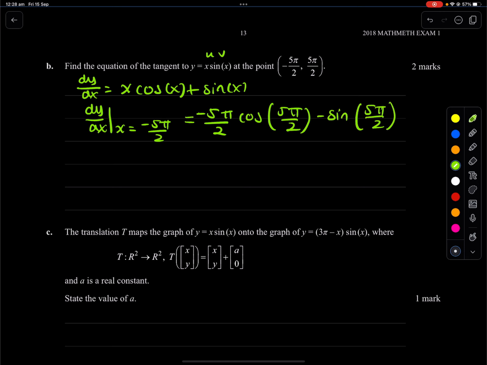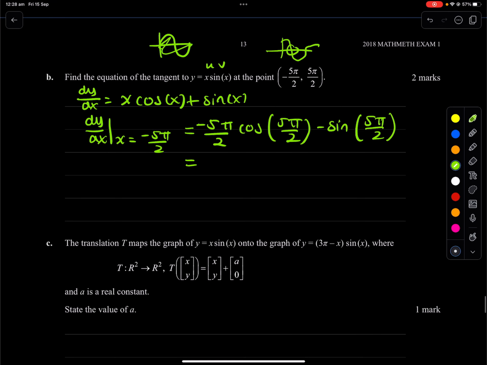And if we really simplify this, alright, so -5 pi on 2, what's cos, just think of it as cos pi over 2. If I draw cosine, it's 0, so just over here becomes 0. So what's then negative sine pi over 2? If you draw sine, it's at 1, so it'll be -1.